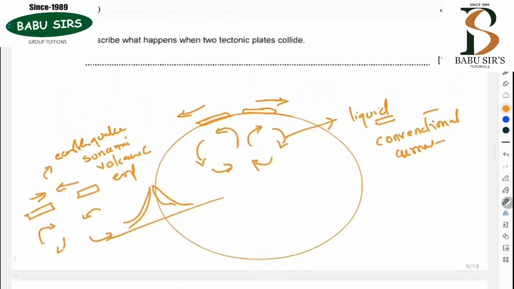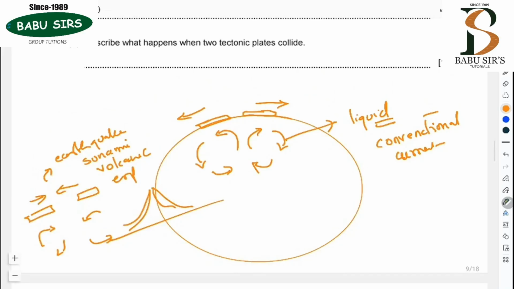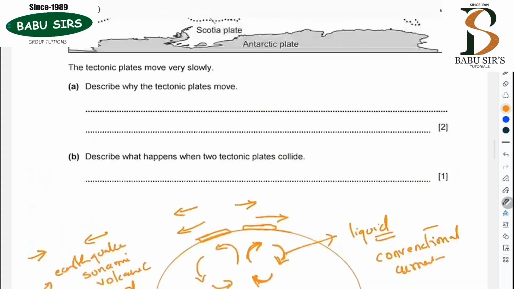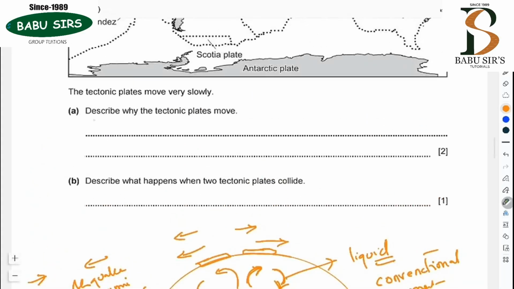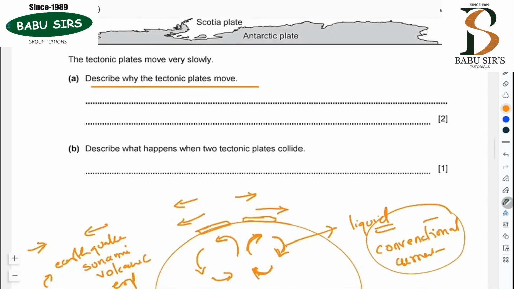So these are the possibilities because of movement of this liquid inside the earth, which might turn the tectonic plates apart, or it might bring it inside also. So we'll study the questions. Describe why tectonic plates move. So as we decided, it is because of convection currents.